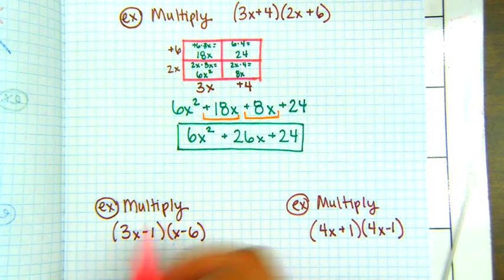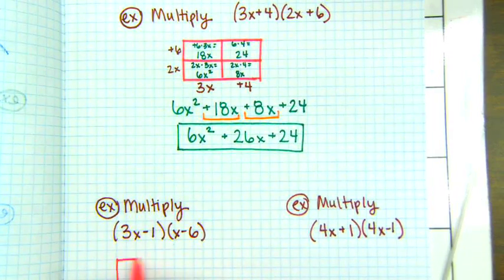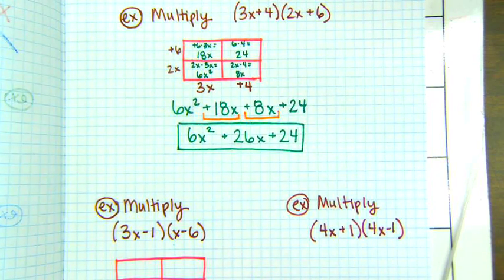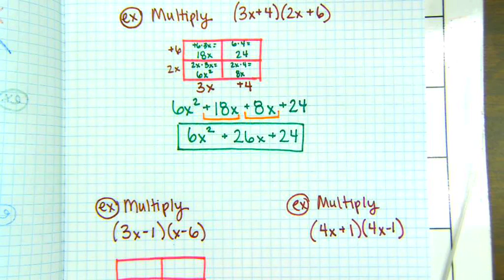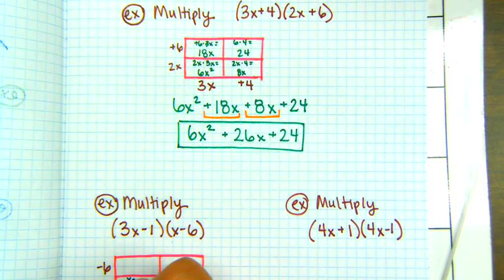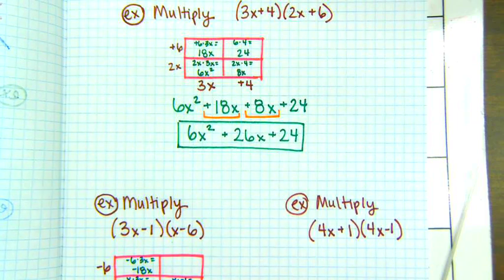When you're solving this one, you're going to make your rectangle again. And you're going to write your values around it. So we have 3x minus 1, x minus 6, and multiply on the insides. That'll be x times 3x, which will give us 3x squared. This is negative 6 times 3x, or negative 18x. We have x times negative 1, and that's negative 1x. Be careful with those negatives.